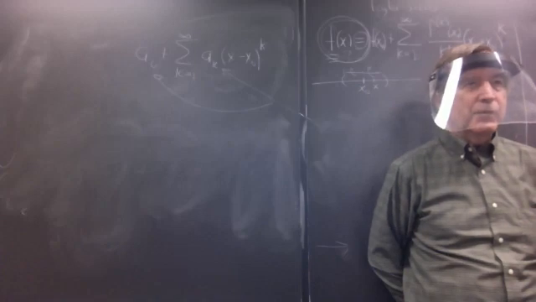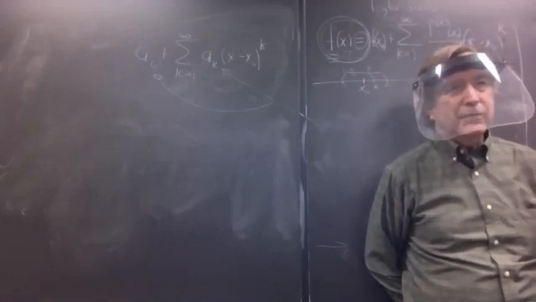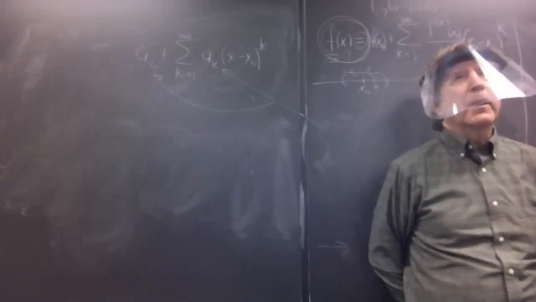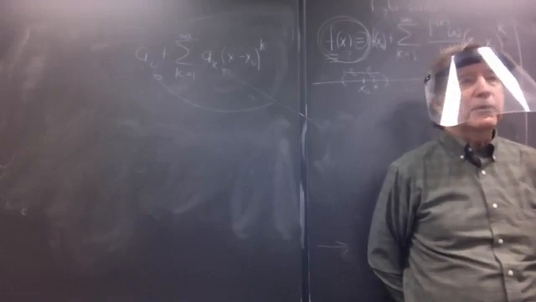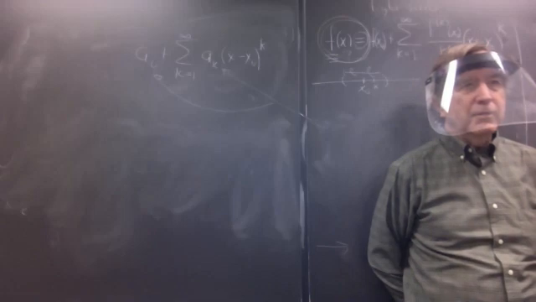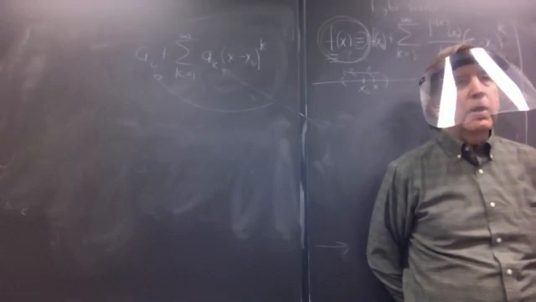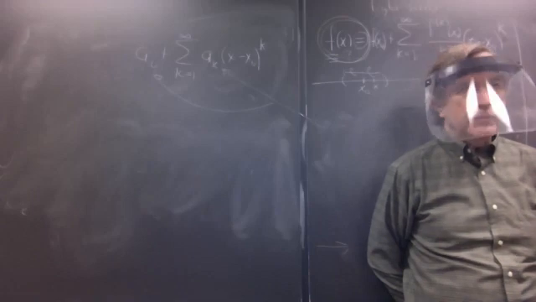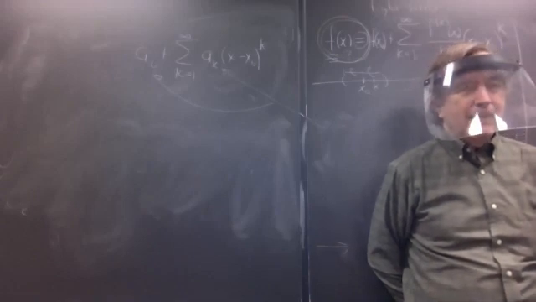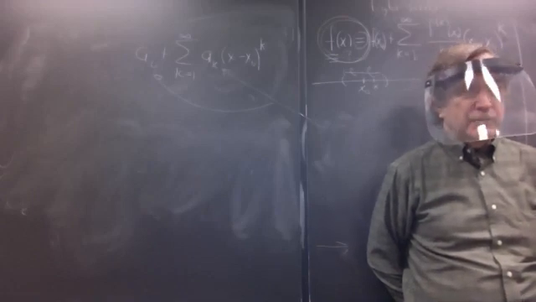Okay, that was example 1. The idea was to show you that you get power series, and in that example, the power series are recognizable as cosine and sine. All right. Example 2 and example 3 are the same differential equation called Airy's equation.